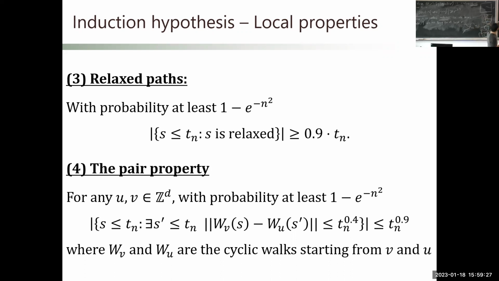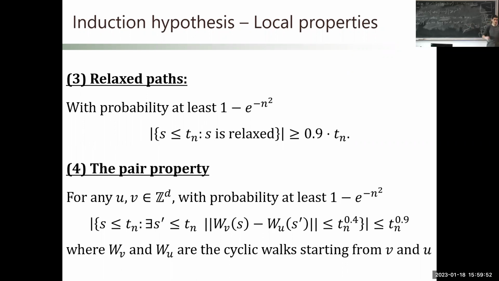So this is the failure probability bound e to the minus n squared. When n is larger, when the walk is longer, you want a better and better probability bound. So the question is, how can you use the inductive assumption in order to prove the inductive step? How can you get this better and better probability bound? That's the question. Is it clear?